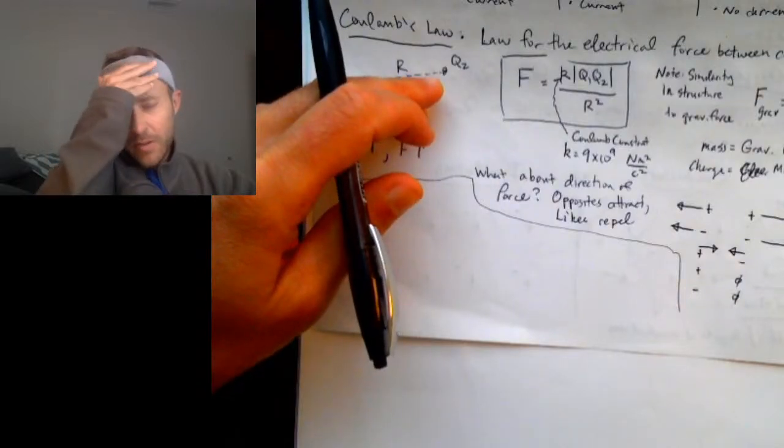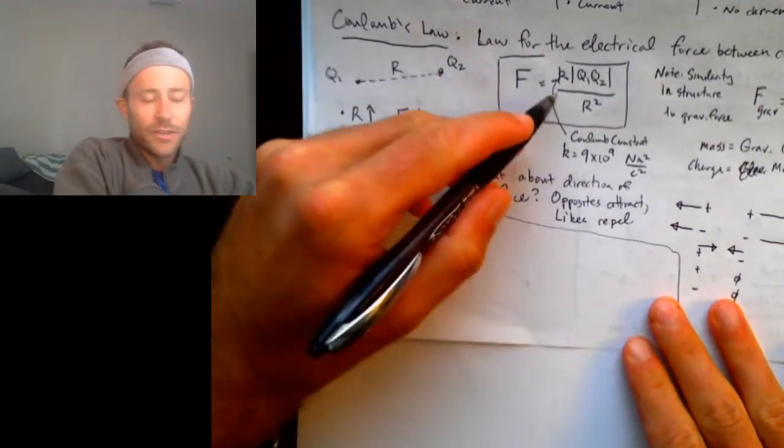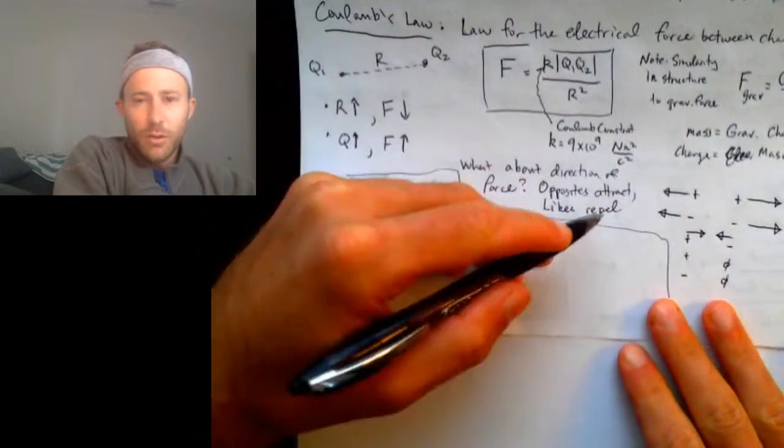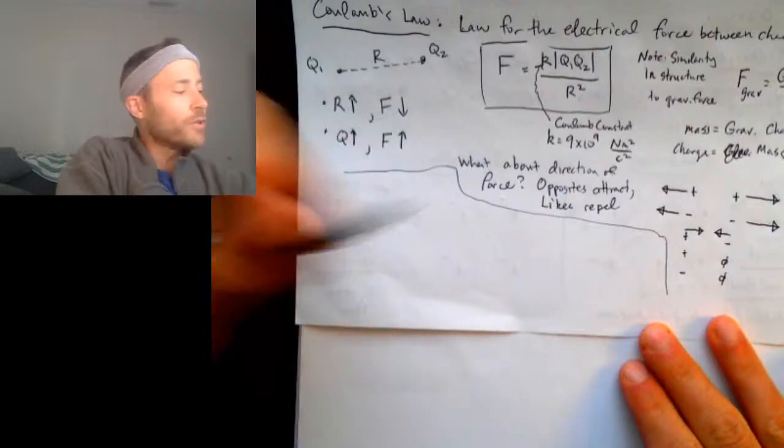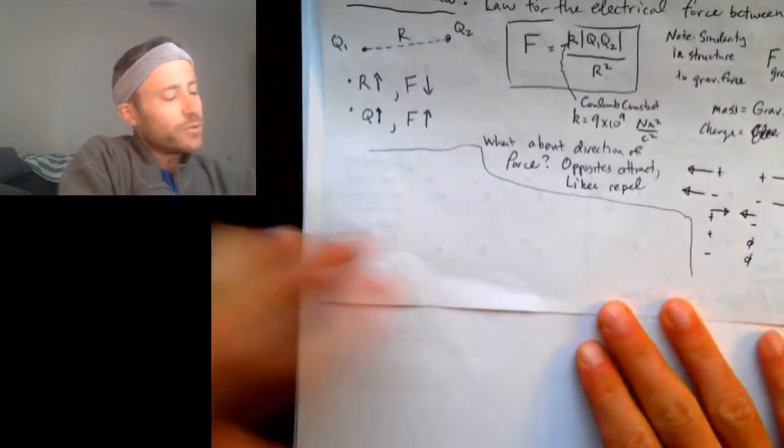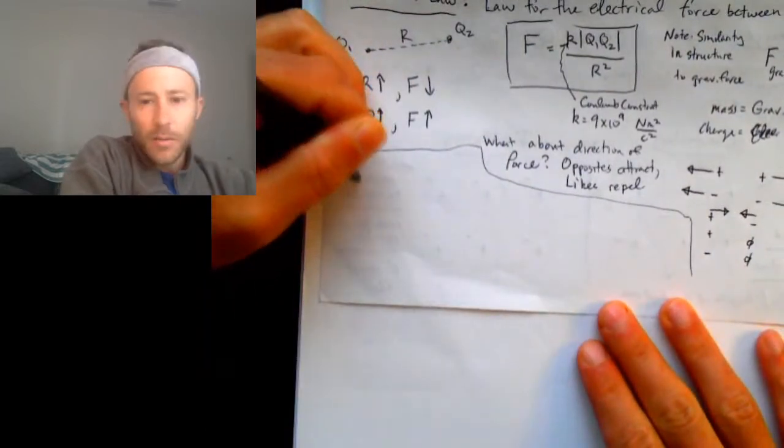Okay, so I'm pretty sure you already knew about that. So again, Coulomb's law tells you the size of the force, and then the whole opposites attract, likes repel tells you the direction of the force. Let's do an example just really quick, and then I'll be done.